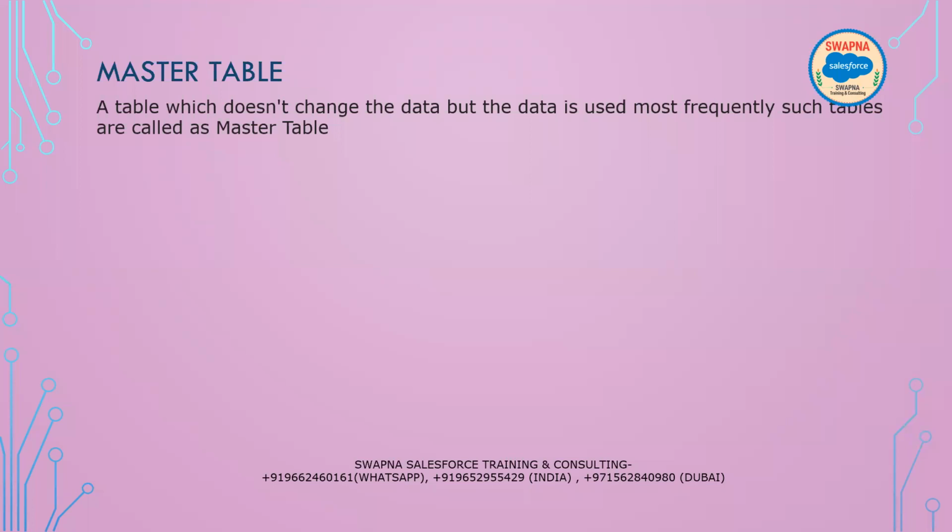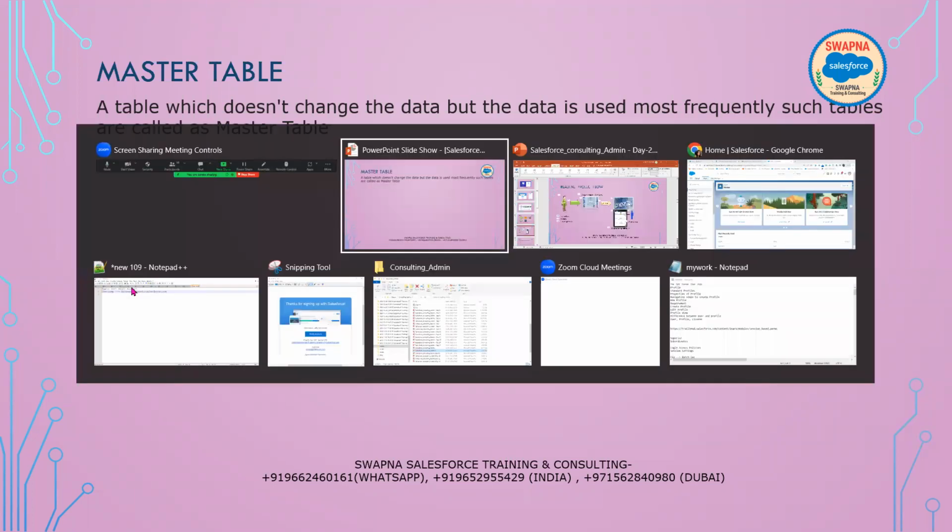For example, I opened Amazon. A master table is a table which does not change the data, but we use the data most frequently. That is called a master table.